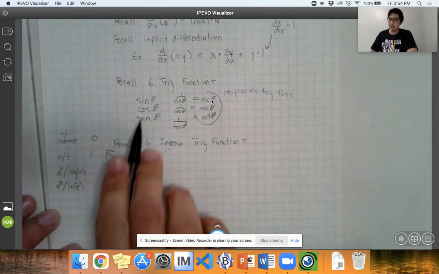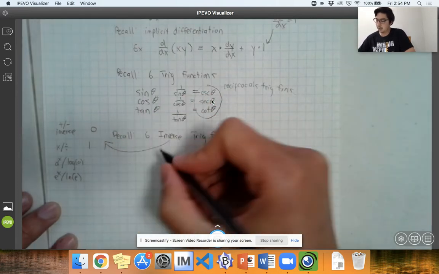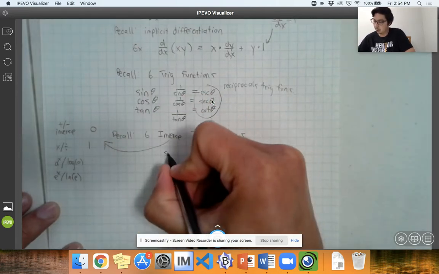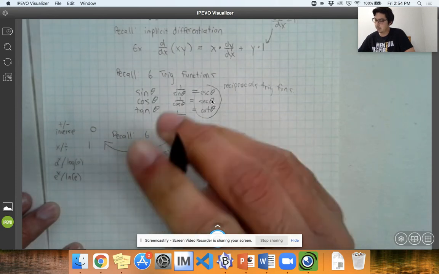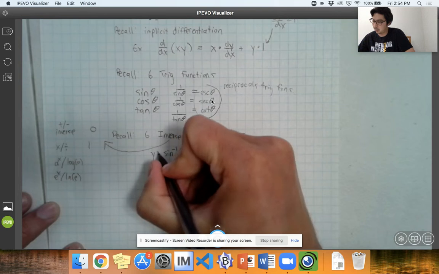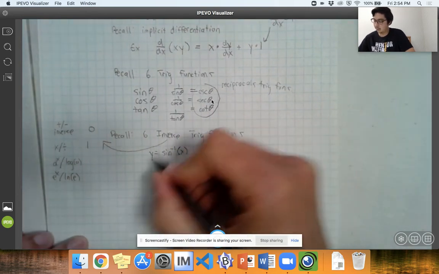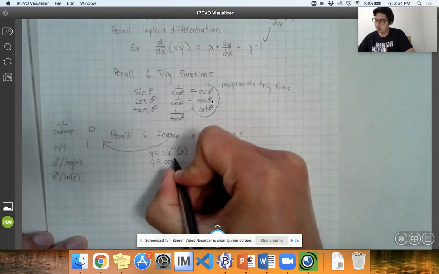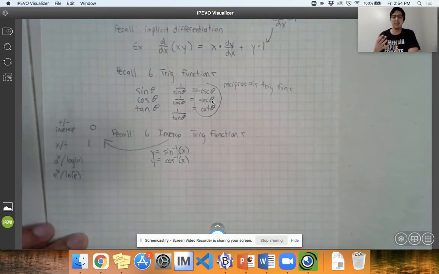So what's the inverse of a trig function again? So what's the inverse of sine? The inverse of sine you could write as sine to the -1 of x. So you might write y equals sine -1 of x. Or that's equivalent to saying, or that's what they all are. But the problem is the -1 is very common for inverse. You could say that for all of them.